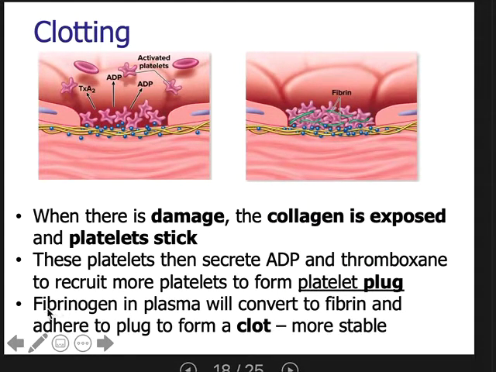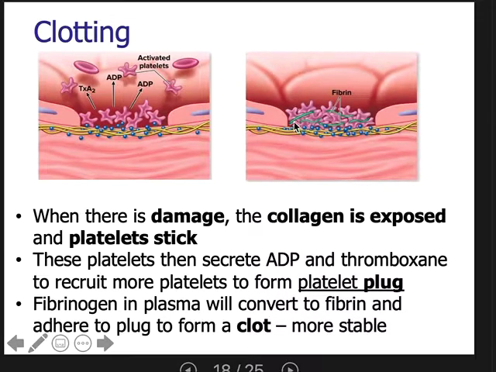Then fibrinogen, which is always in your plasma, is going to stick to these activated platelets. The fibrinogen in the plasma will convert to fibrin, and that's going to adhere to the clot.